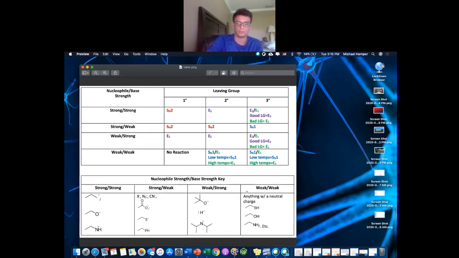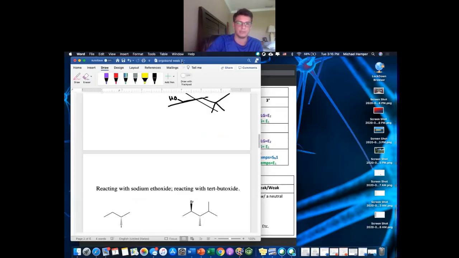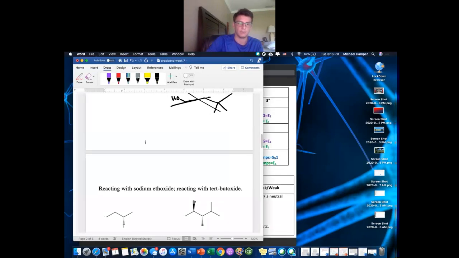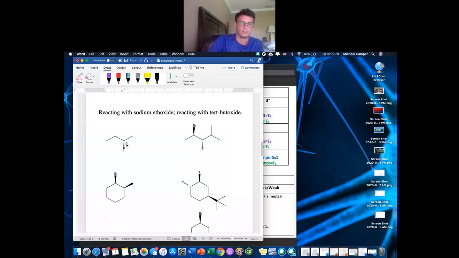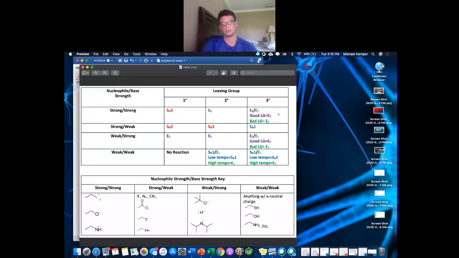So to walk through that example here, we have a secondary leaving group, okay? And we have sodium ethoxide. Again, going back to our acids and bases, the sodium is just going to dissolve away until we have ethoxide. What's that look like? This here is ethoxide.